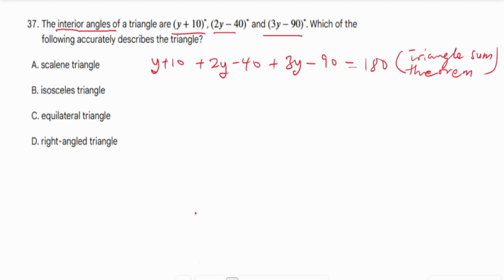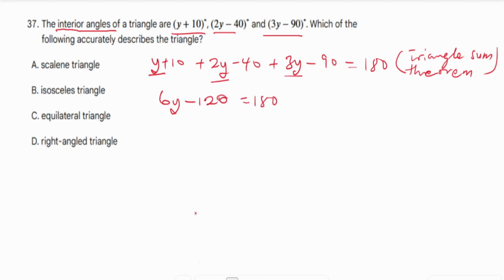We put like terms together, so we have Y plus 2Y is 3Y, plus 3Y is 6Y. Then 10 minus 40 is negative 30, minus 90 is negative 120. So 6Y minus 120 equals 180.